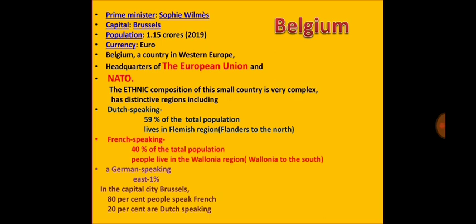In the capital city, Brussels, 80% of people speak French. But in the whole country, only 40% speak that language. And 20% are Dutch speakers in Brussels, whereas in the country as a whole, around 59 or 60% speak the Dutch language.